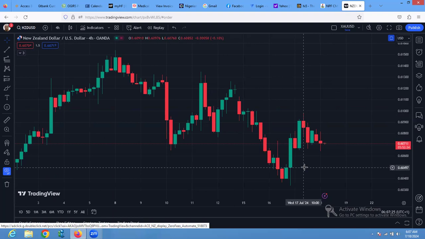So a breach here, and if price should hold below this level, it doesn't even have to get to our entry. If price should hold below this level, then price potentially is going down.